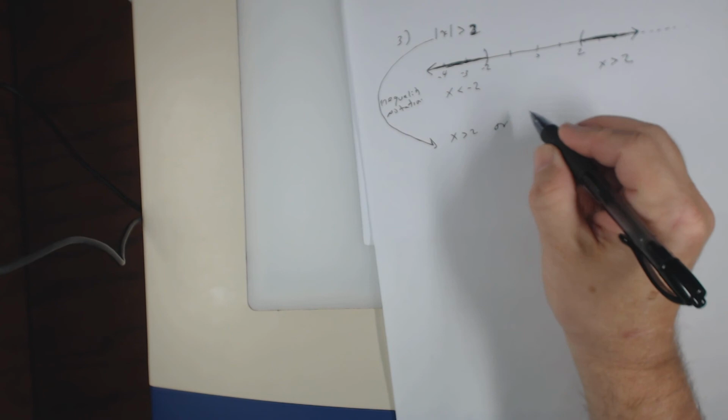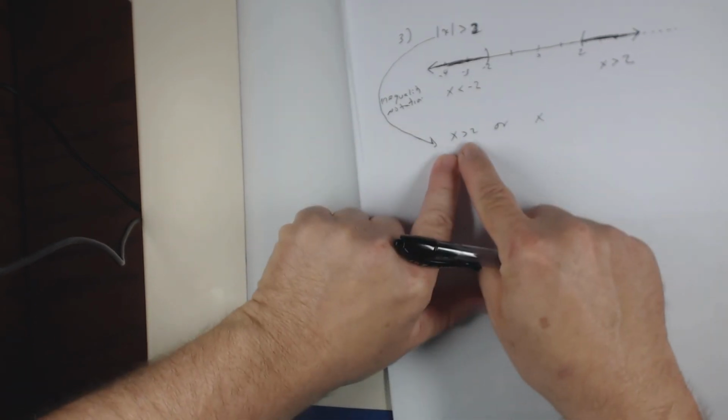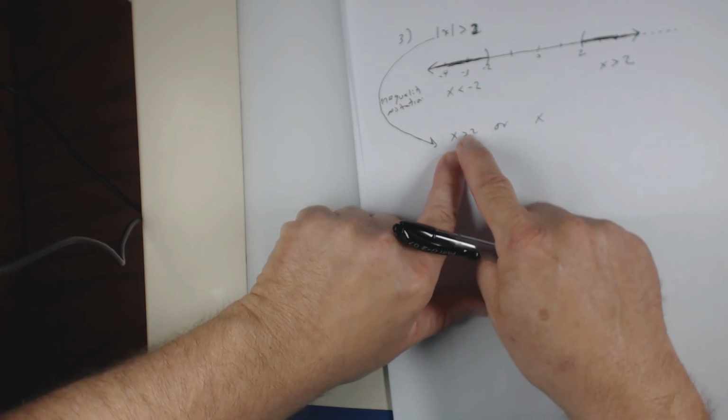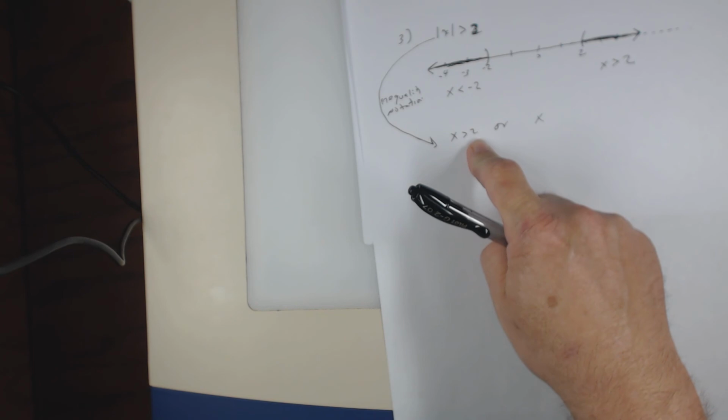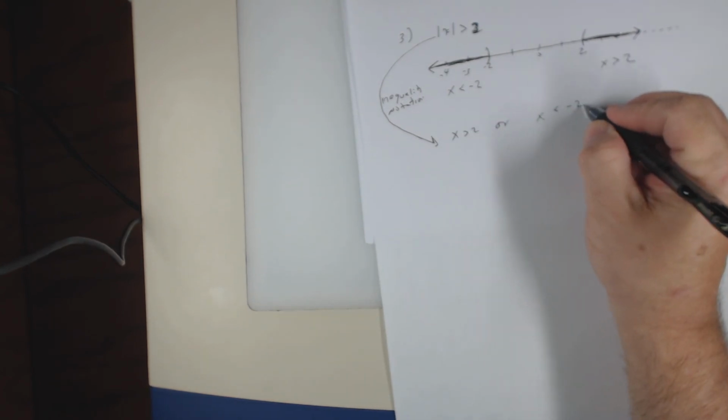But then you're going to say, or my solutions can come from which set? So all you do is reverse these. x is less than, and take the opposite. Remember when you divide by negative 1, you reversed? So think of it that way. So you're going to say x is less than negative 2. So that's all you do.